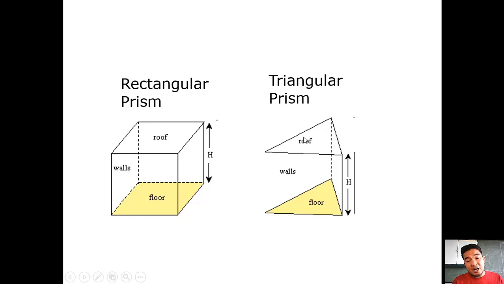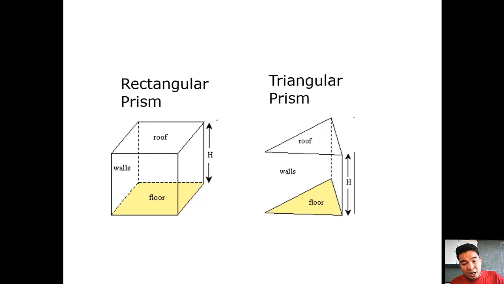How about in a triangular prism? In a triangular prism, suppose that it's a floor and it's a roof. Ayan. And then this is a straight line. Okay? So the bases here are two triangles. Toblerone talaga yung itsura niya, no? So Toblerone is an example of triangular prism. So in this case, how many surfaces do we have in a triangular prism?